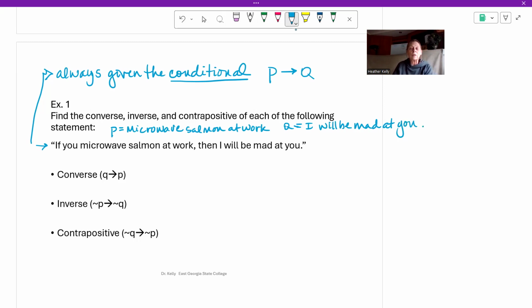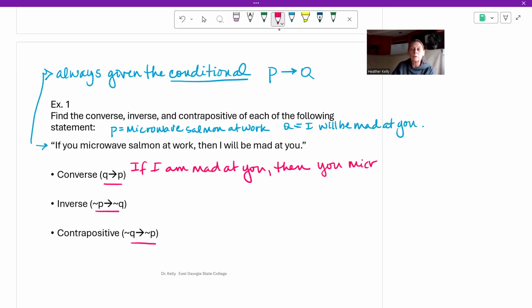All right, so let's find the converse. So to find the converse, I put the notation here, and that'll lead you. So please put the notation right. So the converse is Q, then P. If Q, then P. So we go on and we say if Q, so if I am mad at you, then P, you microwaved salmon at work.